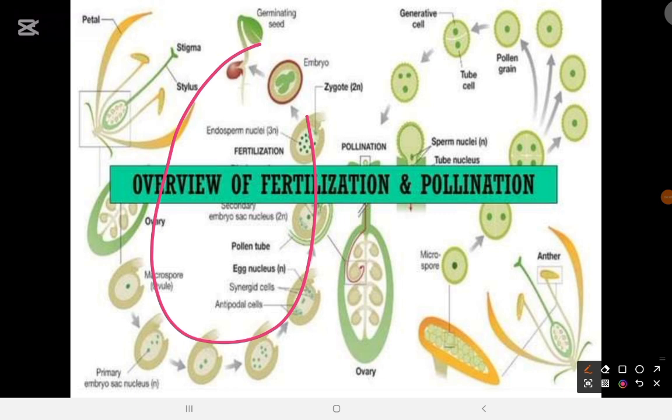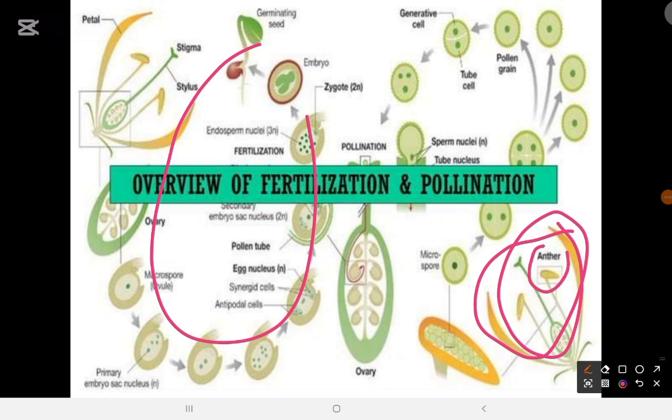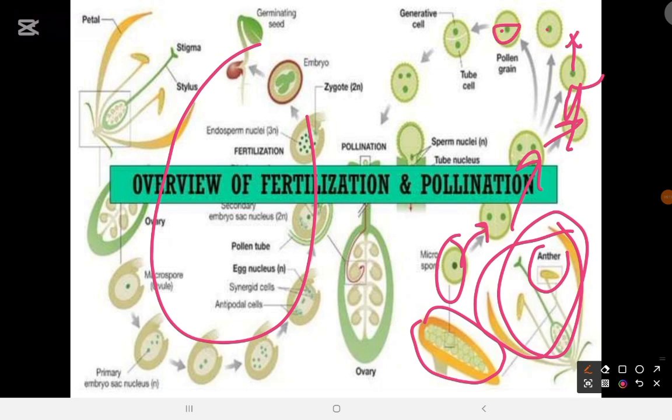Then for this next case, you're going to see the male reproductive part. Basically, the anther has pollen grains, and the pollen grains consist of microspores. The microspores divide meiotically into cells, and these cells are what we call the pollen grains, with their nucleus at the center.